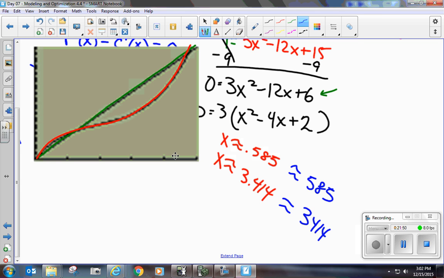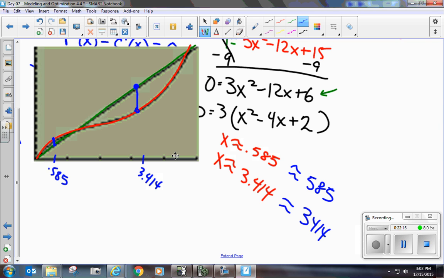One at 3.414. No, 1, 2, I'm sorry, that's right here. And the other point is 0.585. Now, this is a gap. It's definitely a far gap right there. And this is a gap here.